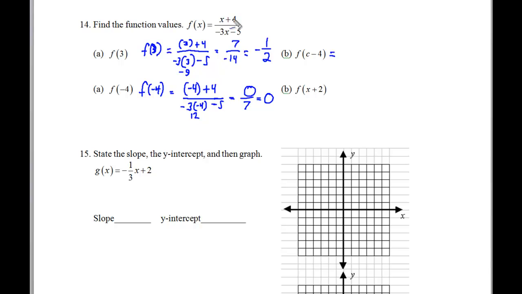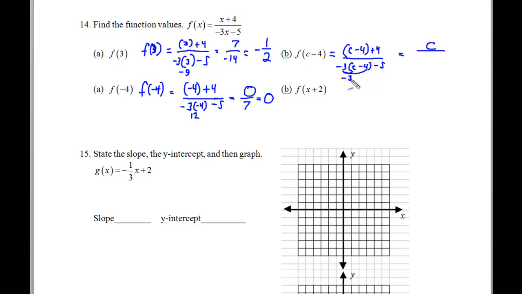Now, for part B of the equation, we're going to plug c minus 4 into the variable x. So this is going to be c minus 4 plus 4 over negative 3 times c minus 4 minus 5. So this means we'll have a little bit more work to do here because there's nothing to apply with these parentheses. So this just makes c minus 4 plus 4 simplify down to the letter c. Down here we can distribute the negative 3.